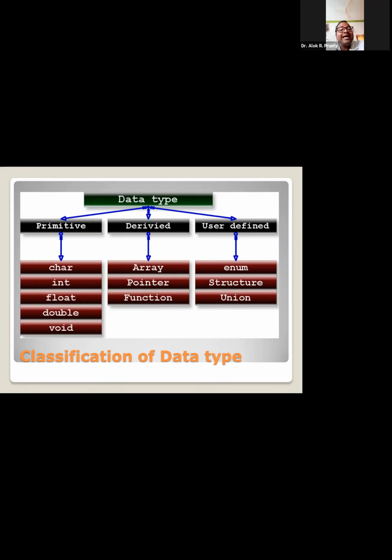And the higher version of float is double, where we have more values before the decimal point and more values after the decimal point, greater than the float range. Then we will use the double data type.